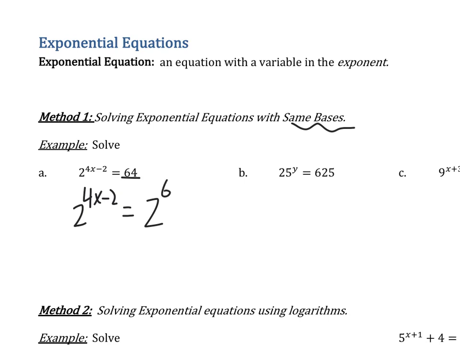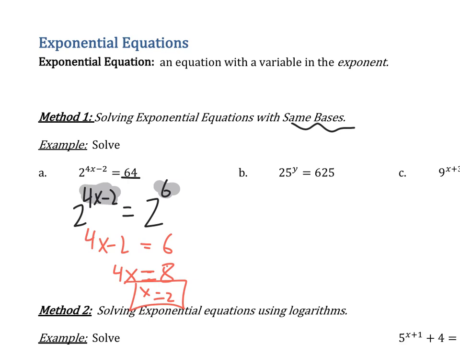It's 2 to the 6th power. So since we can write that as 2 to the 6th power, that means these exponents have to be the same. So 4x minus 2 has to be equal to 6. And now, just looking at the powers there, that is a fairly straightforward equation to solve. Add 2 to both sides and divide by 4. X is 2.